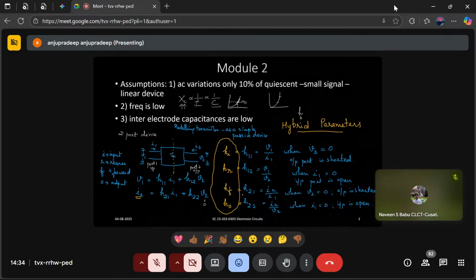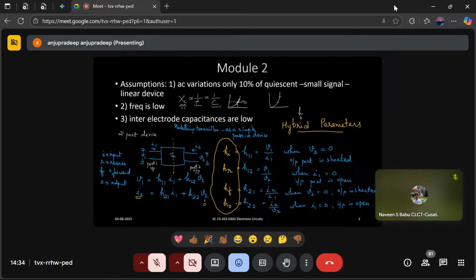Now, why are these parameters HI, HR, HF and HO called the hybrid parameters? Because the first one is resistance, the second one is a voltage ratio, that is the reverse voltage ratio, HF is the forward current ratio, and HO is the admittance.